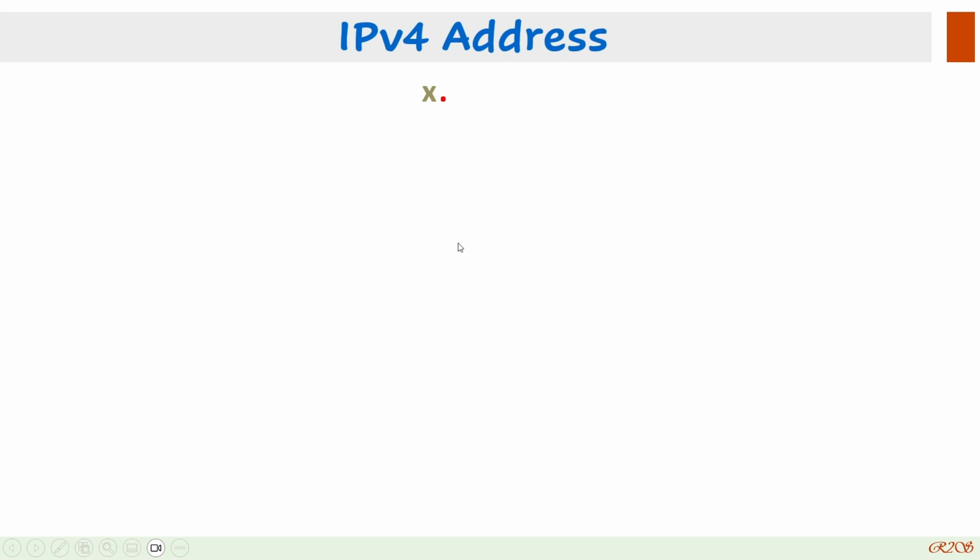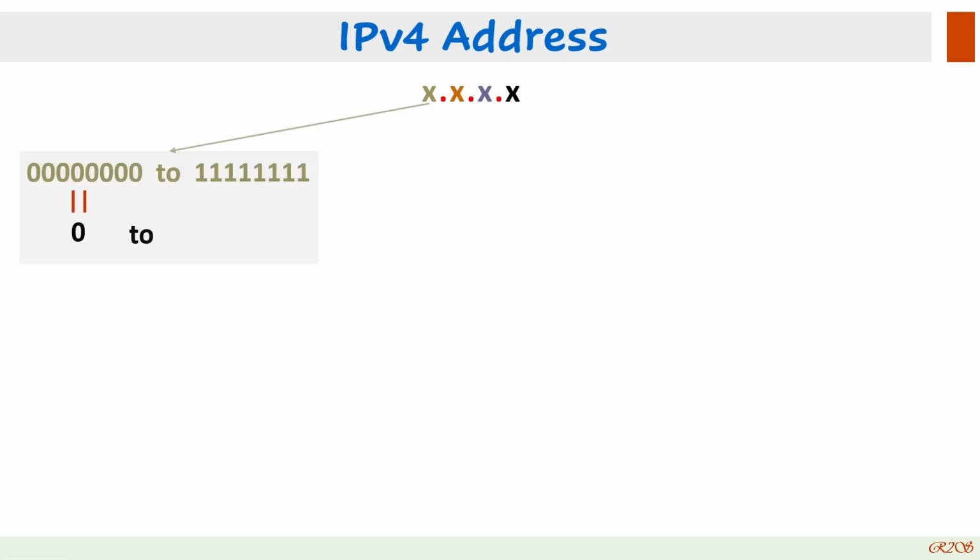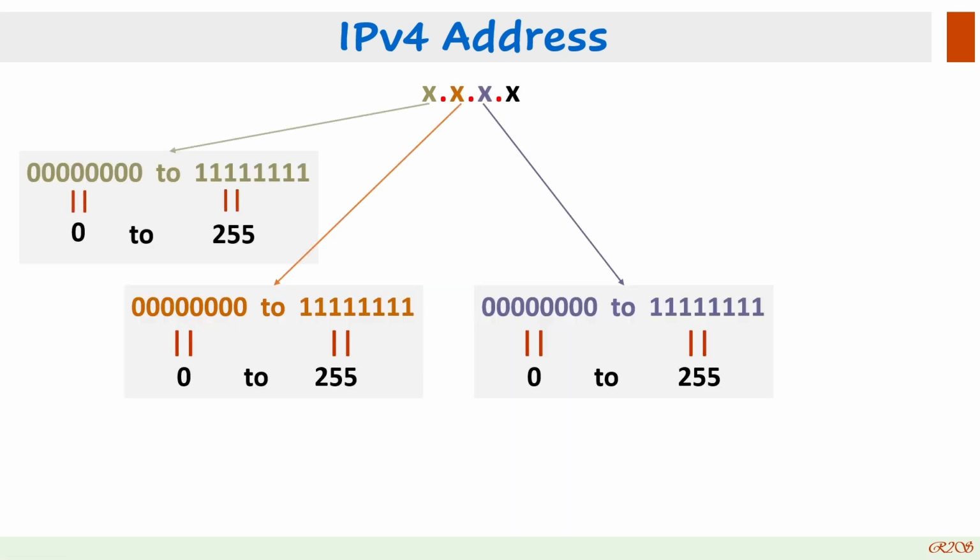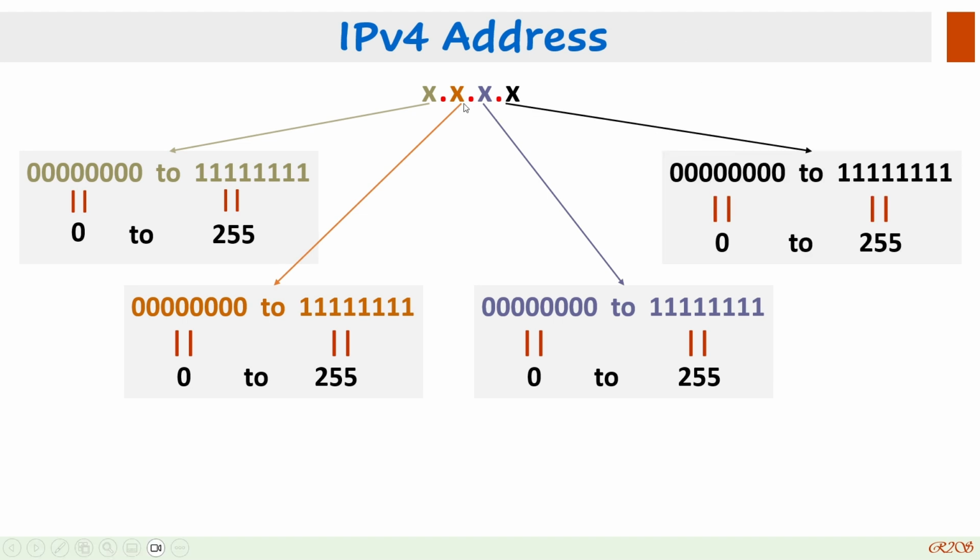Now let's see more details on how the IPv4 address works. For example, we have the first byte, then another byte, then another, then another, four bytes, or sometimes we call it an octet. So the 4 octets. Each octet could have all 8 bits as 0 or all 8 bits as 1.